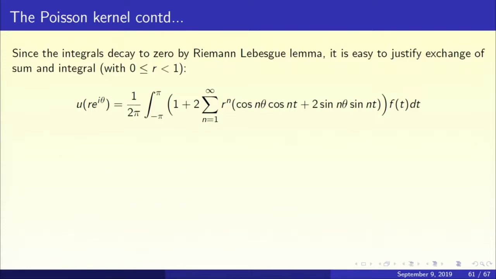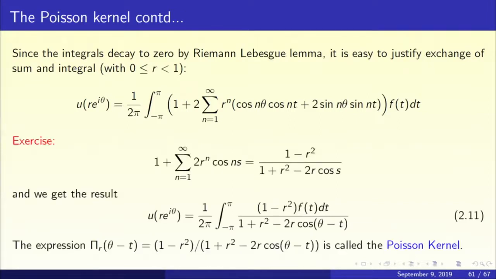Cos n theta cos nt plus sin n theta sin nt is cos of n(theta minus t). And so what do we get? We must now find the sum of a series of cosines. We must now compute 1 plus summation n from 1 to infinity 2 r to the power n cos ns in closed form. That's a little exercise for you.